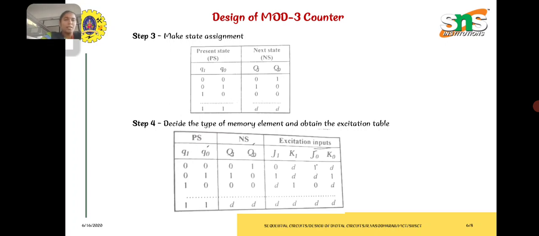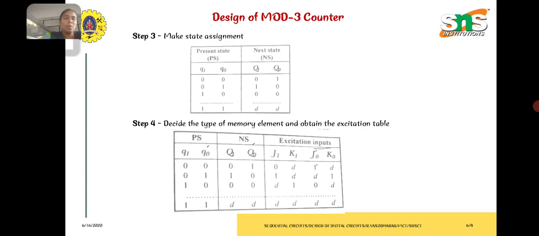So here the excitation table, having entries for flip-flop inputs J1 K1 and J0 K0, can be drawn from the above present state next state table. In the first row of the above table, for flip-flop 1 to change from present state Q1 equal to 0 to next state Q1 equal to 0, the J1 K1 inputs required are 0 and don't care.